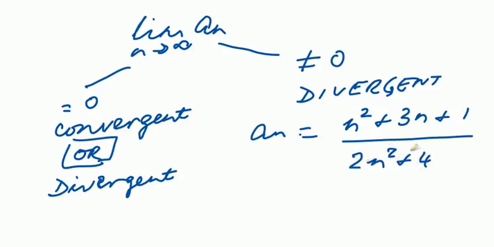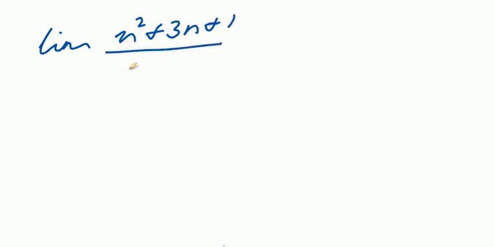Now we want the limit of an, which is n square plus 3n plus 1 upon 2n square plus 4. Now how much is this limit?